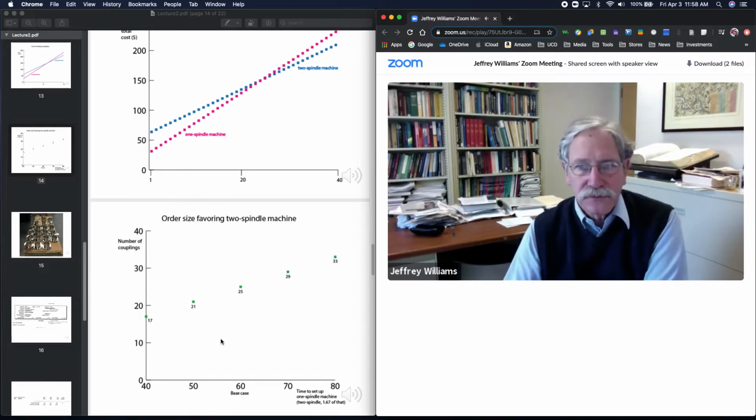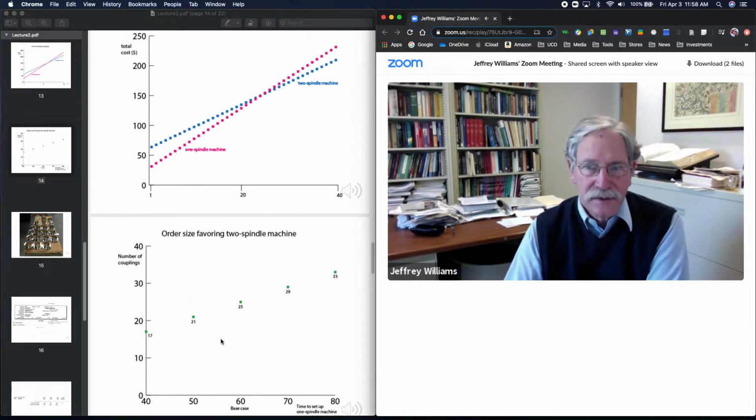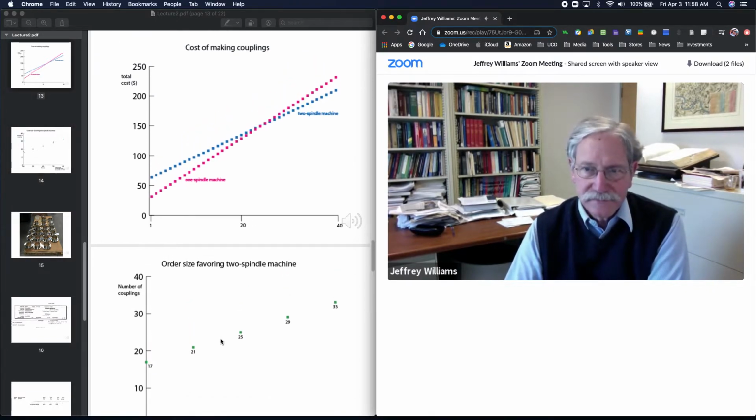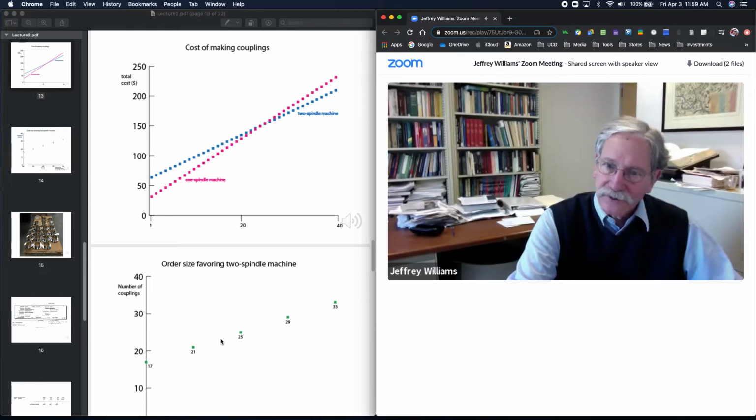These are 2 graphs. I remind you what they are: total cost. You have done many exercises, I'm sure, where you've gone from total cost to marginal cost, taking the derivative of the total cost function with respect to the number of couplings. This one is very uninteresting since the total cost function is a line.